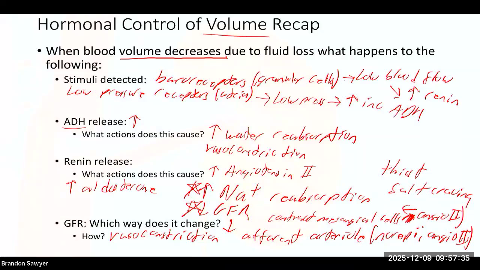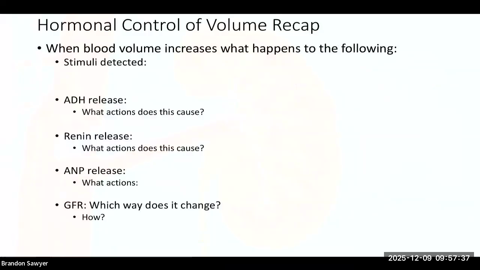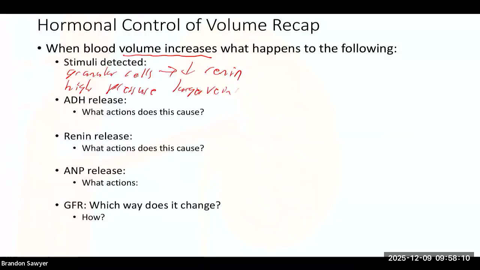Okay. All right. Well, then let's look at the other way, when our fluid volume increases. We've got too much volume here. So again, we've got our granular cells, which are going to result in a decrease in the release of renin. And now we've got high pressure in those large veins, as well as the atria.